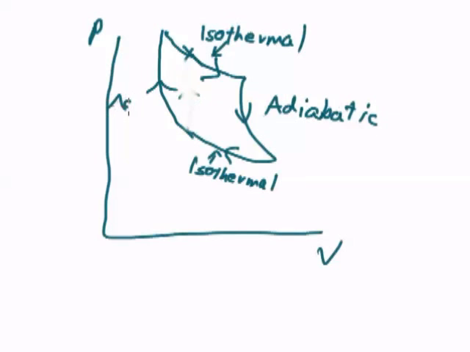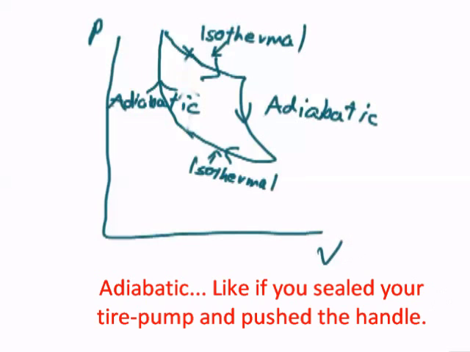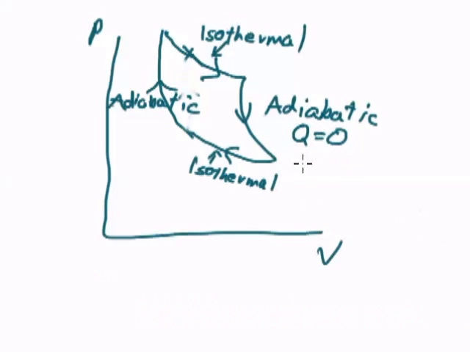Now, adiabatic is a very simple, more or less familiar concept. It's just what you get from a fast expansion or a fast compression of a gas. The limiting equation of an adiabatic process is Q equals 0. You're not adding or subtracting heat from the gas.